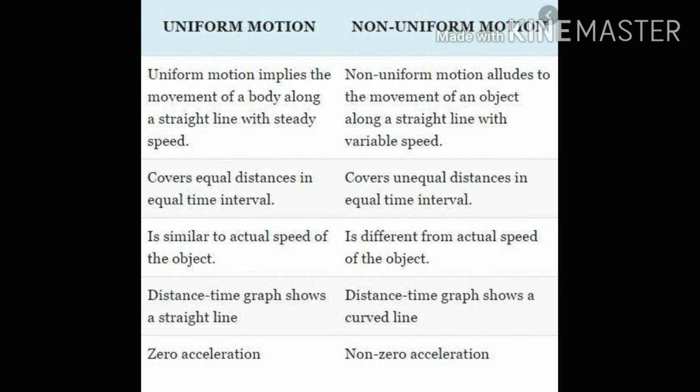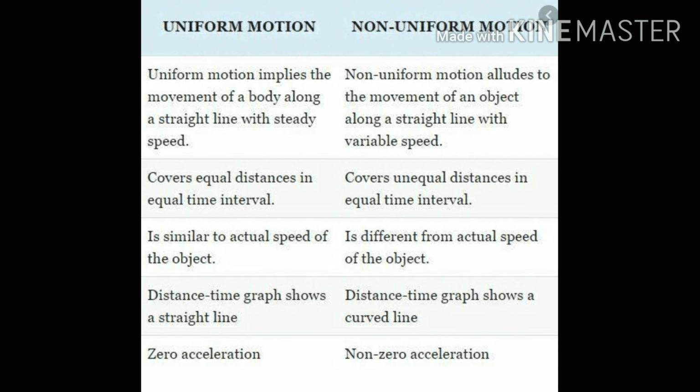In case of uniform motion, the body covers equal distances in equal interval of time. And in case of non-uniform motion, the body covers unequal distances in equal time interval. In case of uniform motion, the average speed is equal to the actual speed of the object, but in case of non-uniform motion, the average speed is not equal to the actual speed of the object.